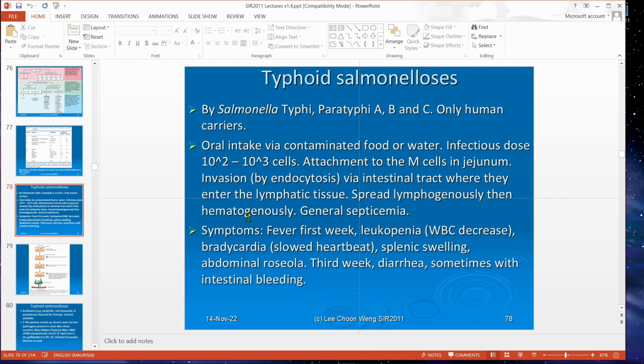That's why you will have fever, persistent fever, long periods of unexplained fever. When you have that, and you also have abdominal roseola, which means flat red patches on your abdomen, then the doctor will consider taking your stool sample for Salmonella identification.